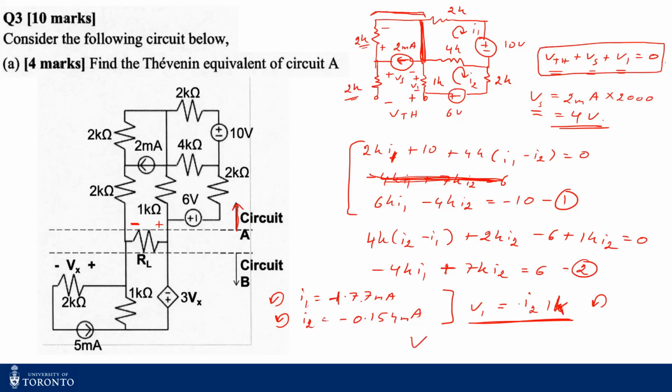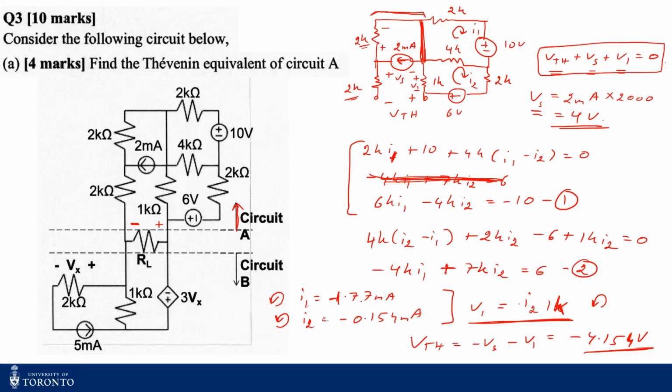So therefore my VThevenin should be minus Vs minus V1, which is equal to minus 4.154 volts. So this is the Thevenin voltage across the RL.